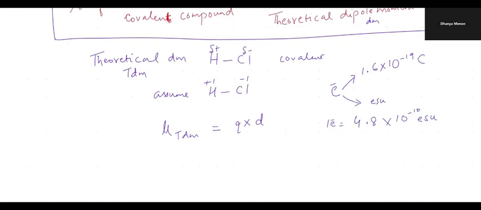This is the charge. So the charge you would use is 4.8 times 10 raised to -10 ESU. Don't worry, we will be using these charges. You just have to remember this value, 4.8 into 10 raised to -10 ESU.